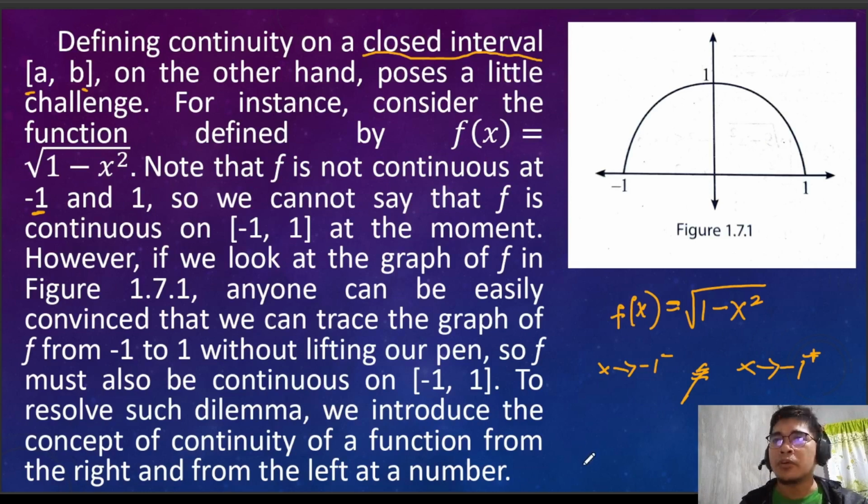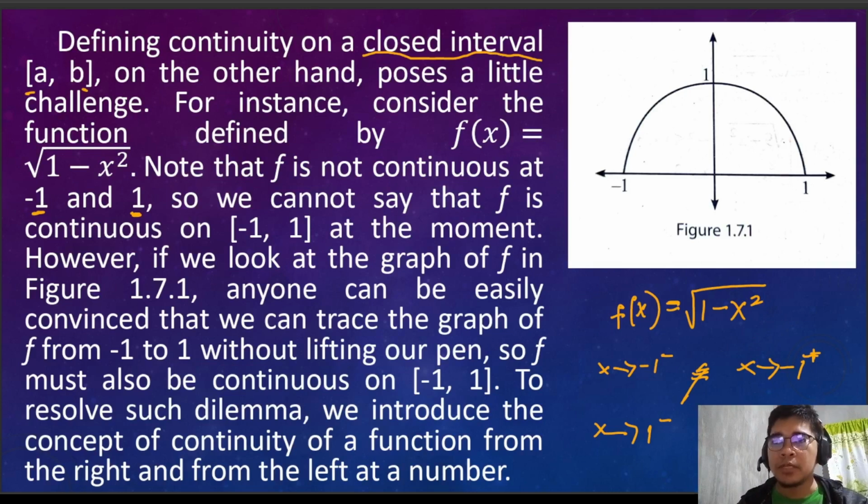And also for x which approaches 1 from the left and approaches 1 from the right. Pag left of 1, so for example, 0.9, 0.5, may limit tayo using square root of 1 minus x squared.